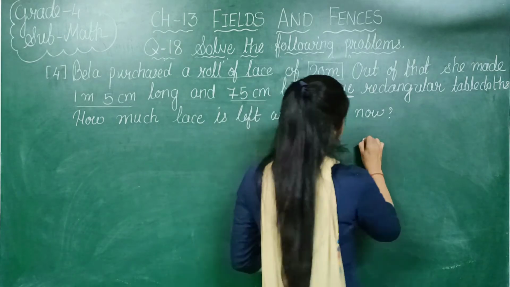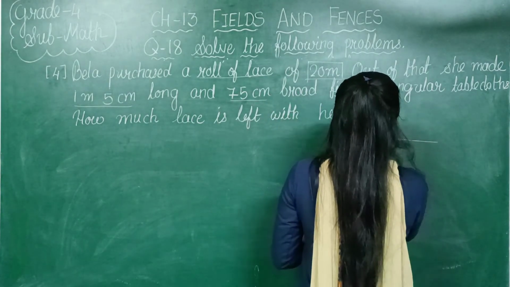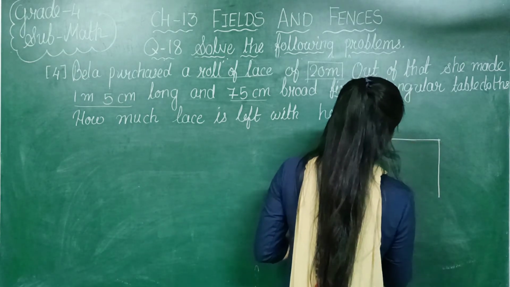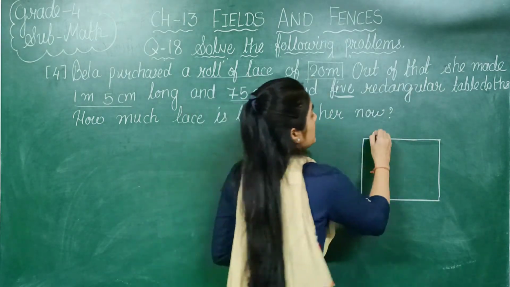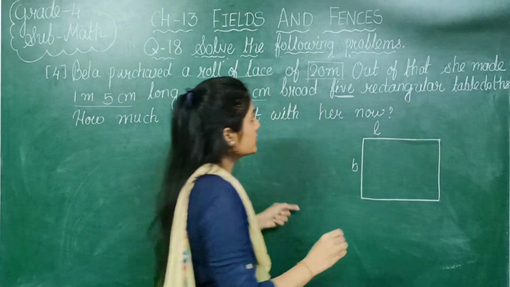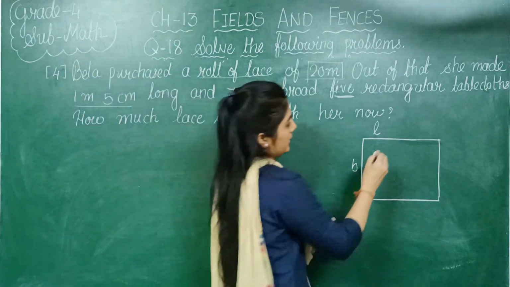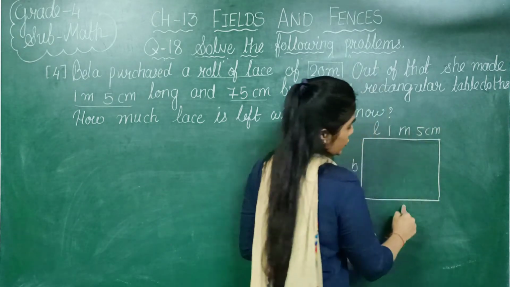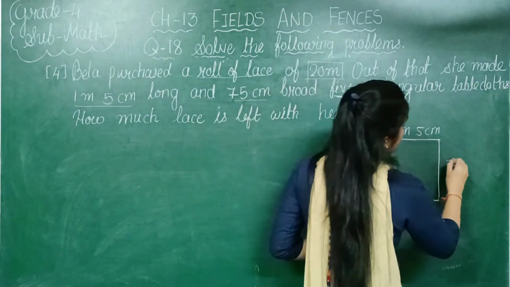So suppose I am drawing the rectangle shape here. We already know the rectangle has a length and breadth. This 1 meter and 5 centimeter is the length, and these two sides are the same. And 75 centimeter is the breadth.